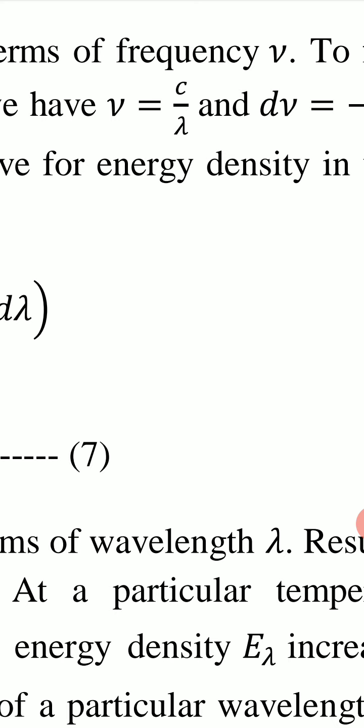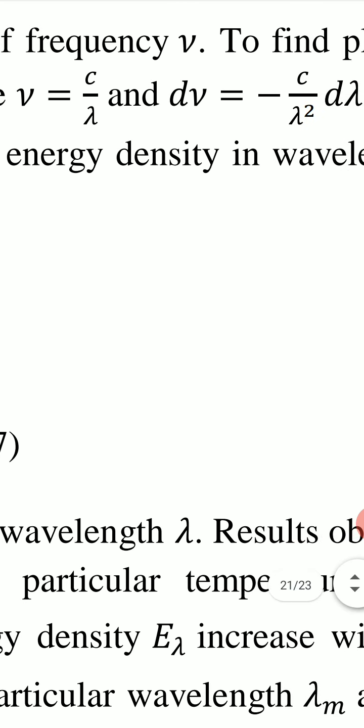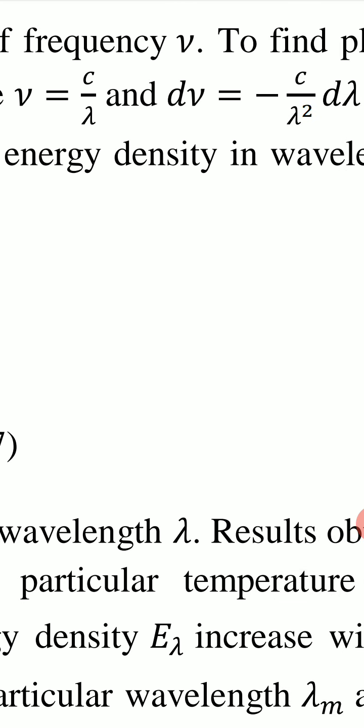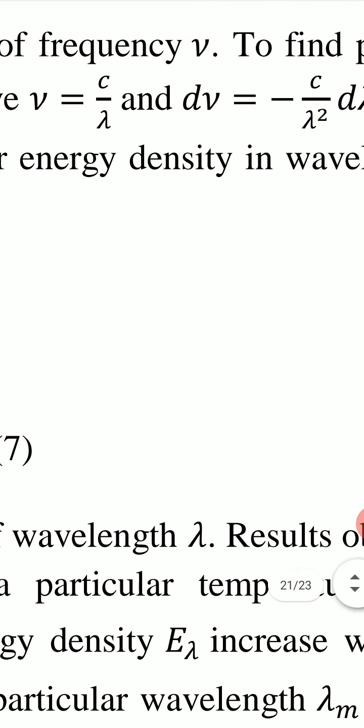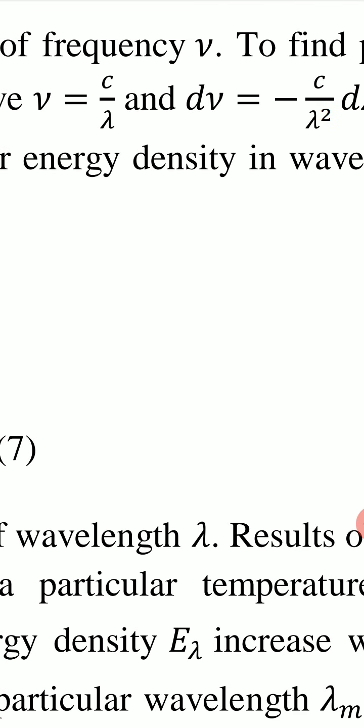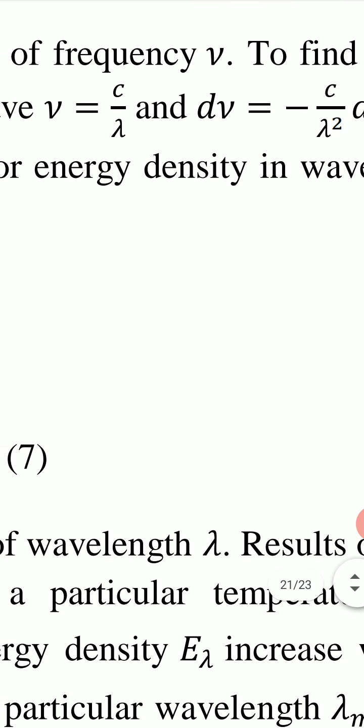Since the radiation photons travel with the speed of light, c equals nu lambda. So nu equals c upon lambda and d nu equals minus c upon lambda square d lambda. C is constant. If we differentiate this, then this will give d nu.